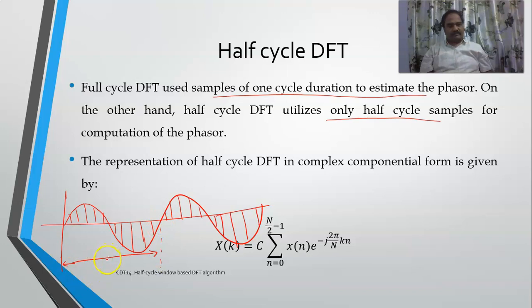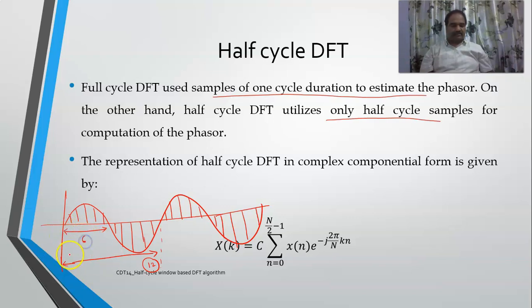When you are doing full cycle window based DFT, you require all the samples of your full cycle. In this case, see how many samples are there. There are nearly 12 samples present. So you require 12 samples, which equate to one full cycle window, whereas in case of half cycle DFT, you require only 6 samples.